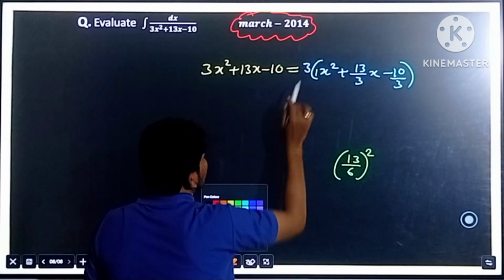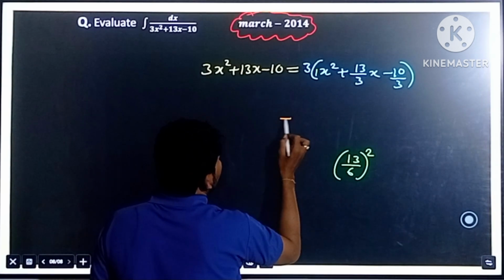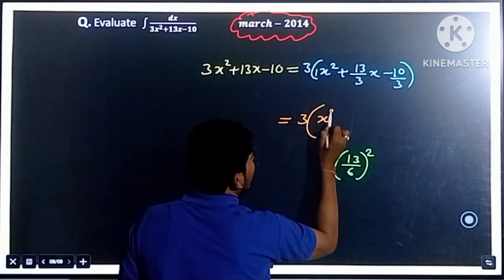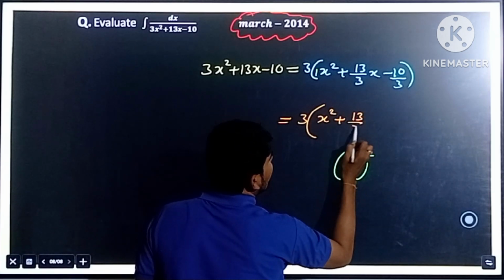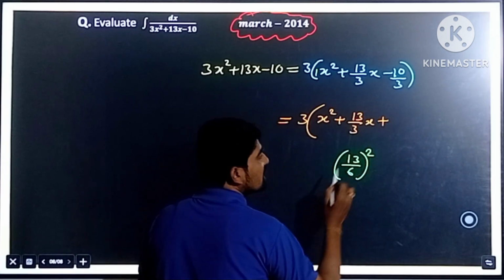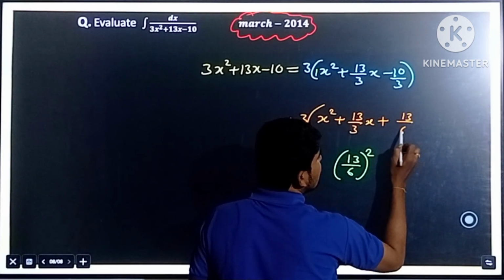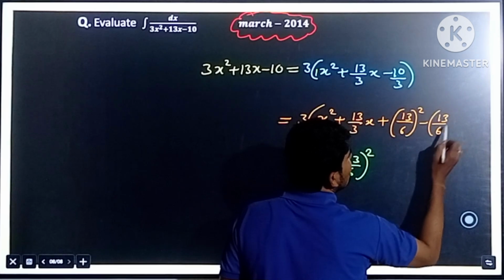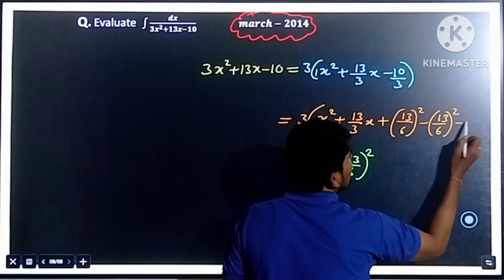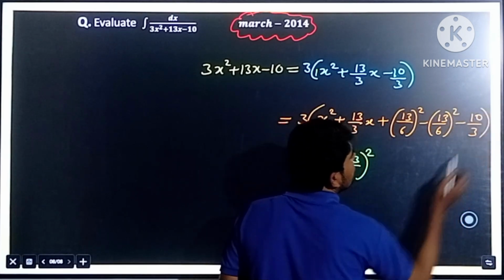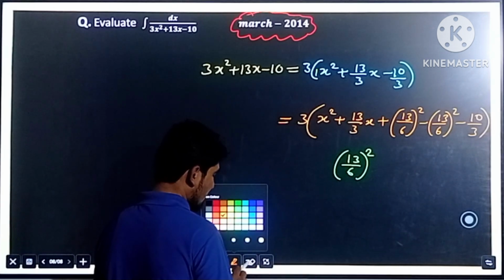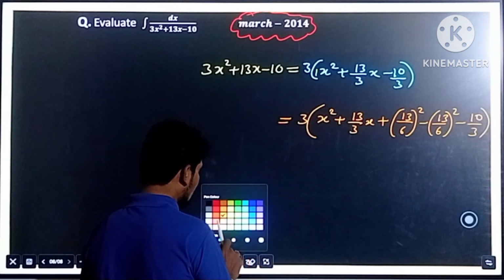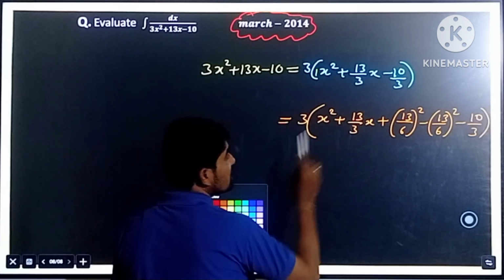Observe what happens now. 3x square plus 13x minus 10 is equal to 3 into x square plus 13 divided by 3x plus 13 by 6 whole square minus 13 by 6 whole square minus 10 by 3 as it is. I hope all of you are understanding. And one more thing, observe here, the coefficient of x in the given quadratic expression is plus.